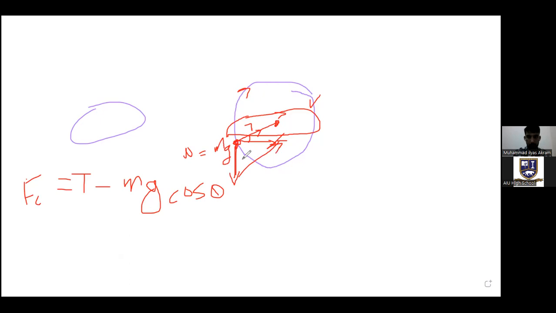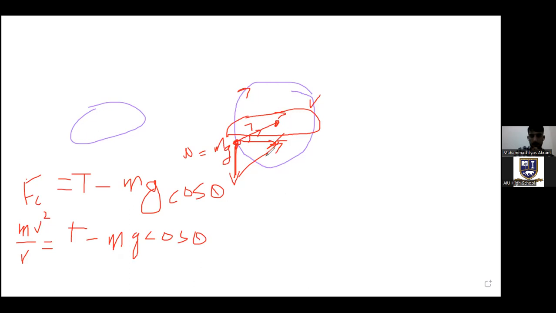So the body always moves in the circular direction. So we can put m v squared over r here. That is actually the formula of centripetal force, and tension T here minus mg cos theta.